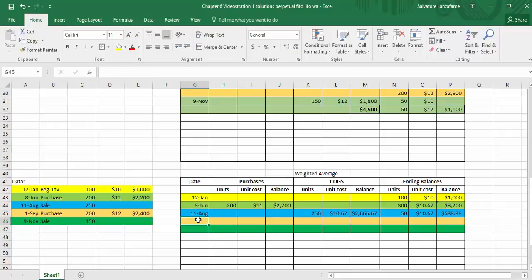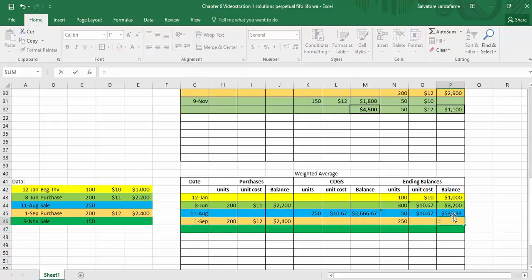Okay, next one, September 1st. On September 1st, we acquired 200 more units at $12, so 200 times 12 is 2,400. Now let's add it to our inventory. Take the old units of 50, add the new units of 200, so now we're up to 250.